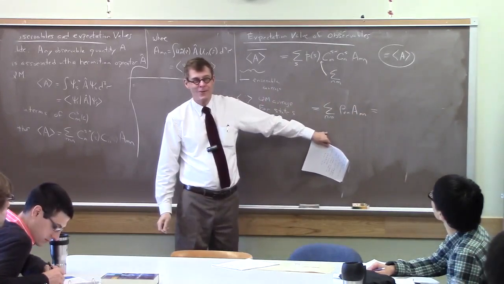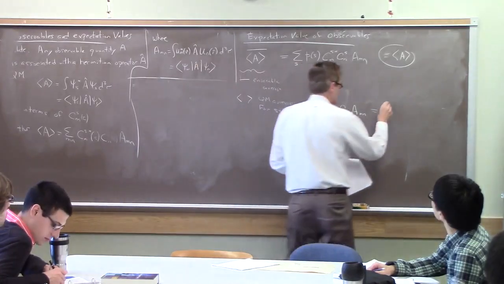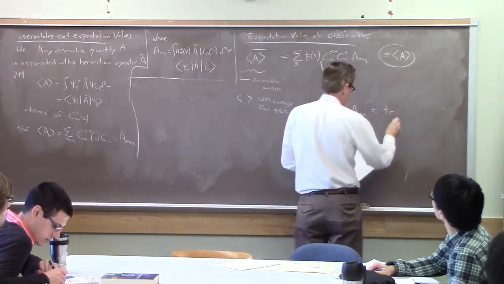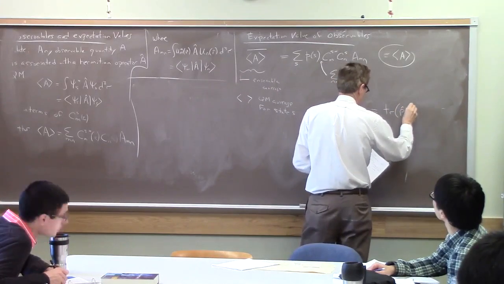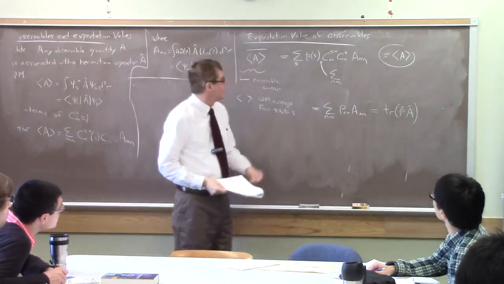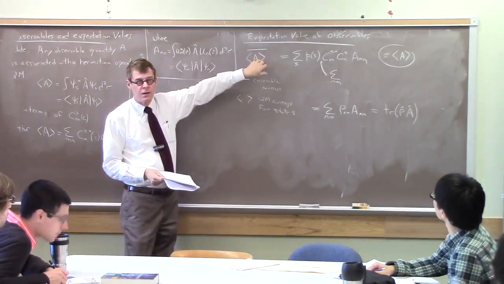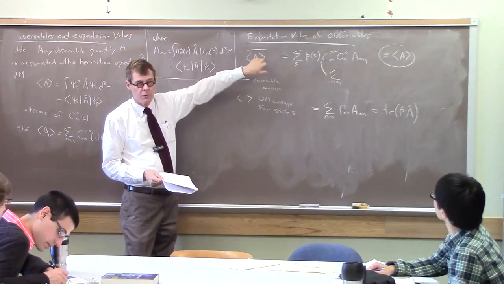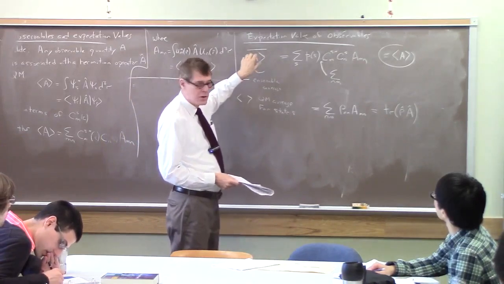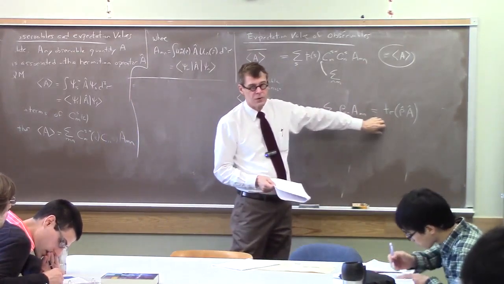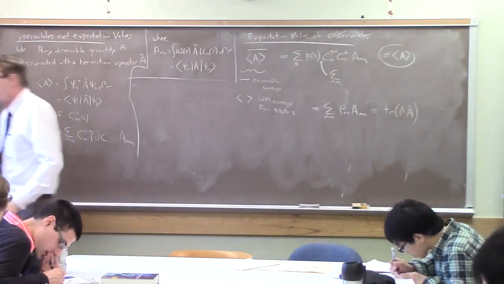When you multiply two matrices together and then sum over both n and m, this is known as the trace of rho times A. Like so. Okay, so this is another standard feature of the density matrix formalism of quantum mechanics, that the expectation value of observables is given by the trace of the density matrix times the matrix representation of that observable.